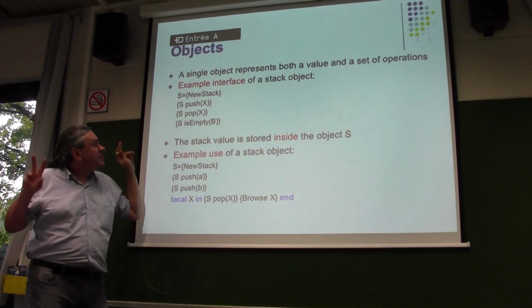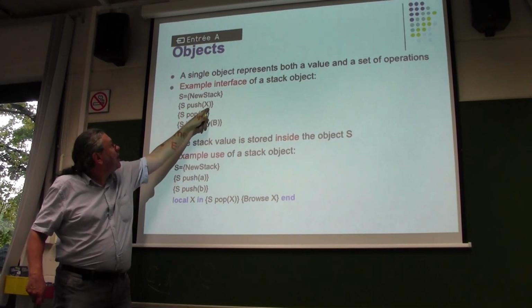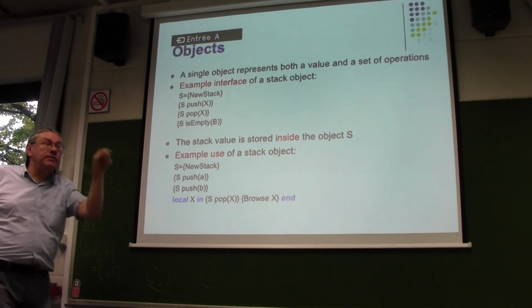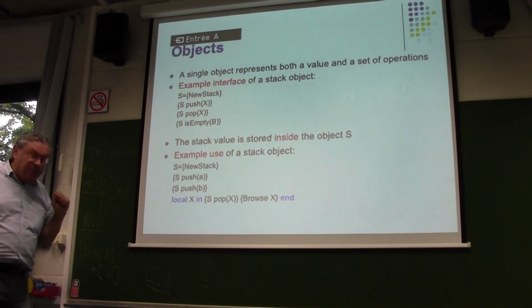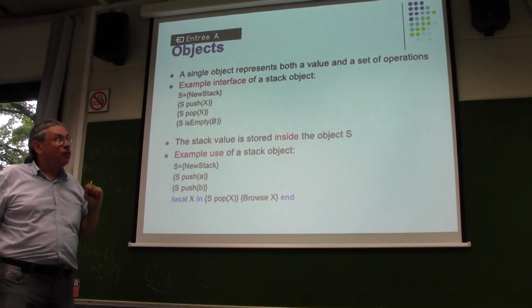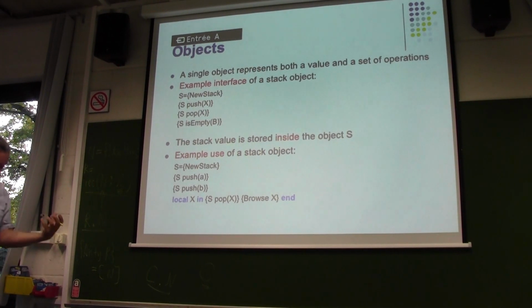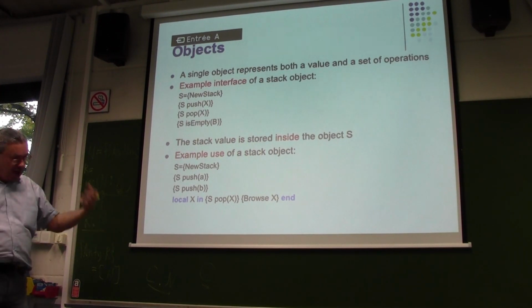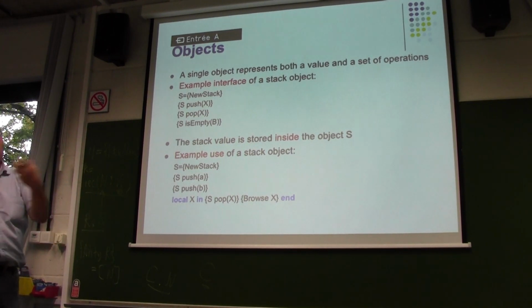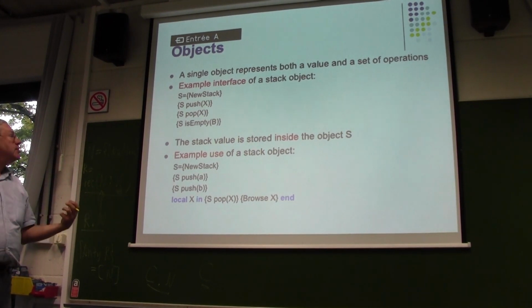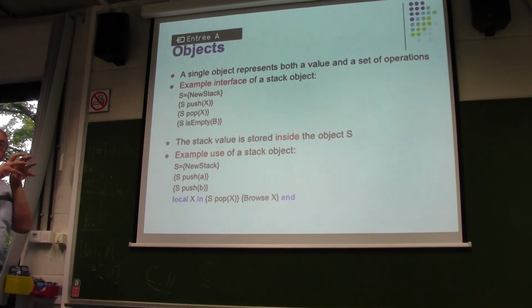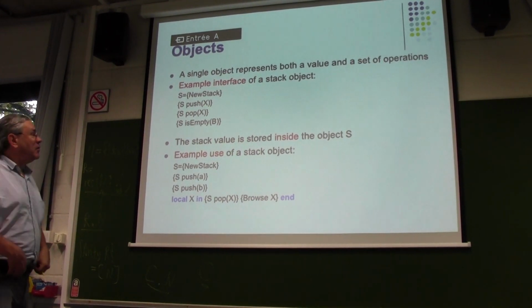This is called a message, sent push X. You can send it to S. The object itself knows the operations, which is not true for abstract data types. With the stack, you have a set of operations and a stack value that you give as an argument. Whereas in an object-oriented language, the operations are part of the stack.